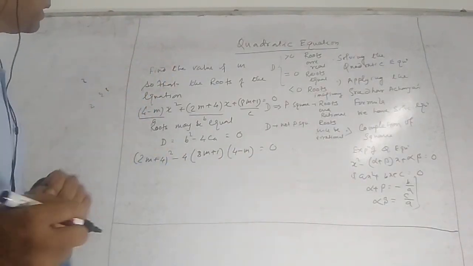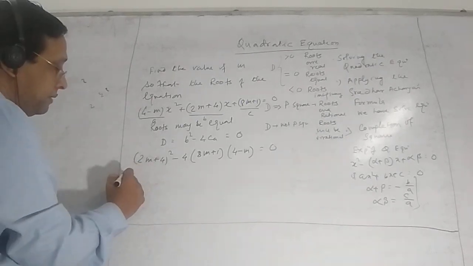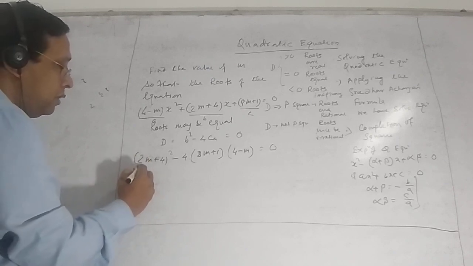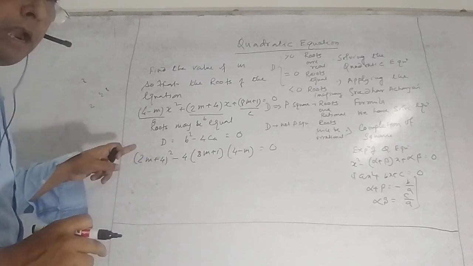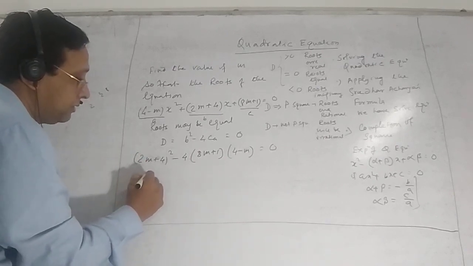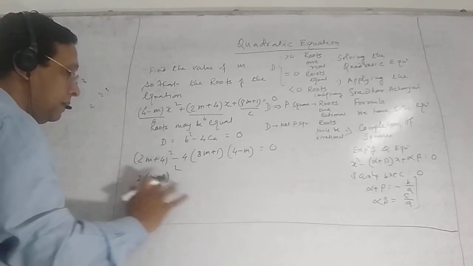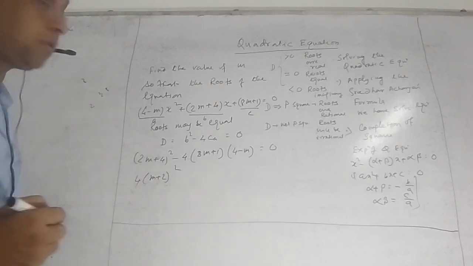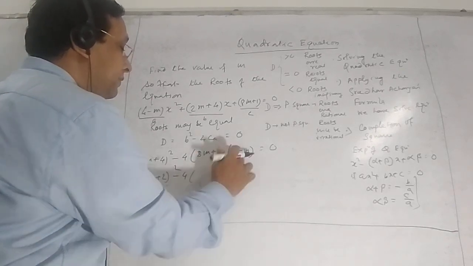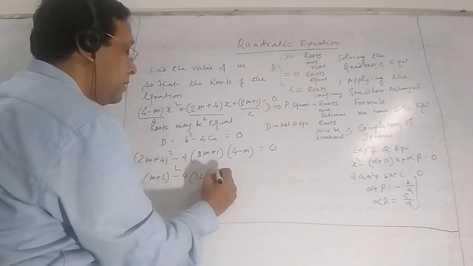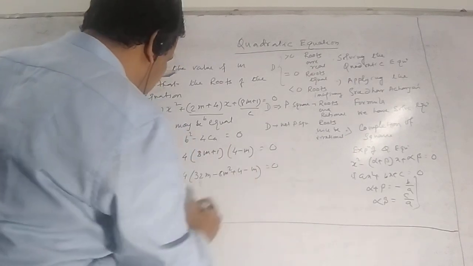Now if I take 2 common from here, in the bracket you can say 2 into (m plus 2), that whole square. So eventually this becomes 4 into (m plus 2) whole square, minus 4 into, here you can multiply this, (32m minus 8m square plus 4 minus m) is equal to 0.